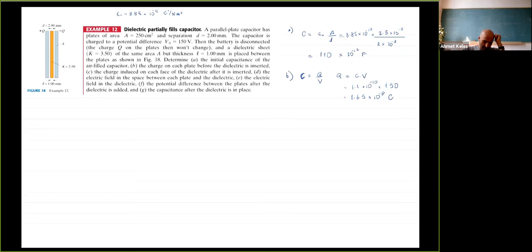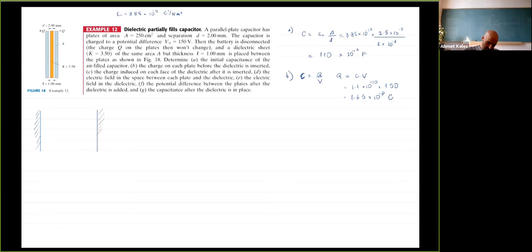Okay, we got A, we got B. Now C, the charge induced on each face of the dielectric after it is inserted. Maybe I can draw some pictures here to see. This is one plate. Let's blow it up a little bit so that we can see.